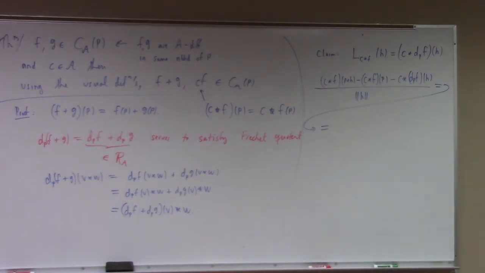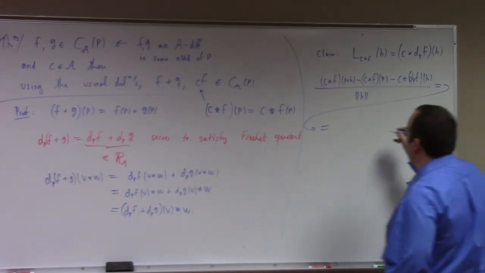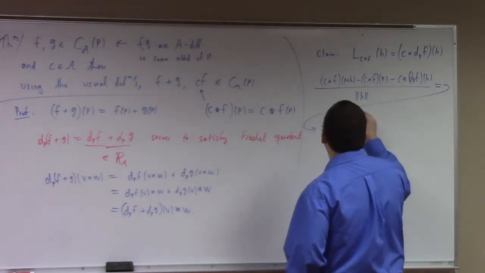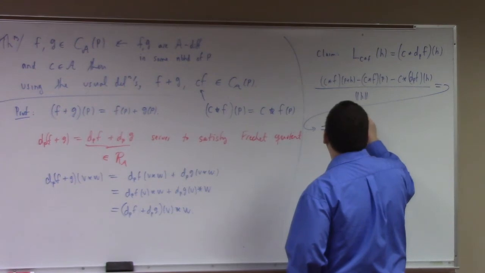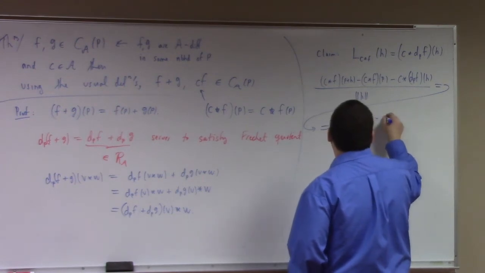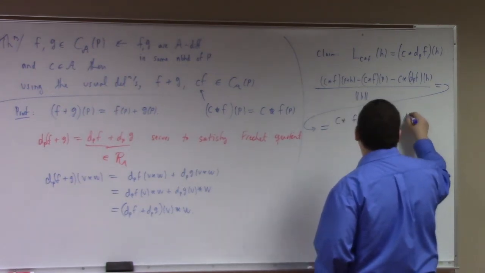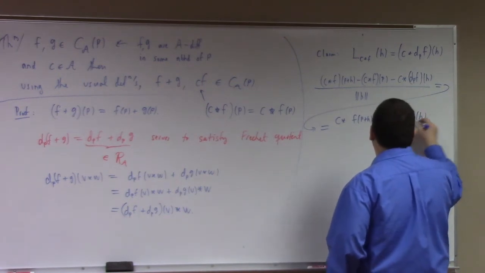So basically the point is we apply the definition of scalar multiplication over the algebra. I mean, not scalar, but algebra multiplication of a function. And then by properties of the algebra, we can pull the c out, right? We get c times f of p plus h minus f of p minus d_p f of h, right?